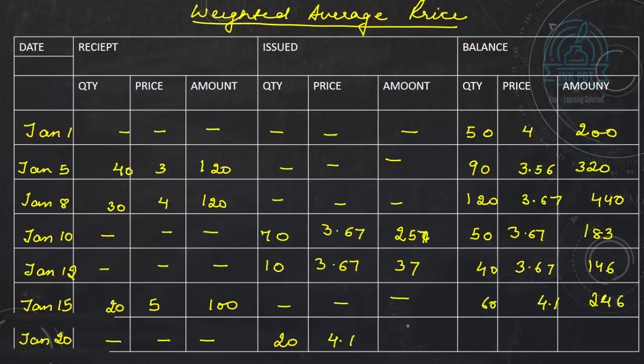So 20 into 4.1 will give you 82. Now we are left with 40 units at the rate of 4.1. And the value is 40 into 4.1, which is 164.